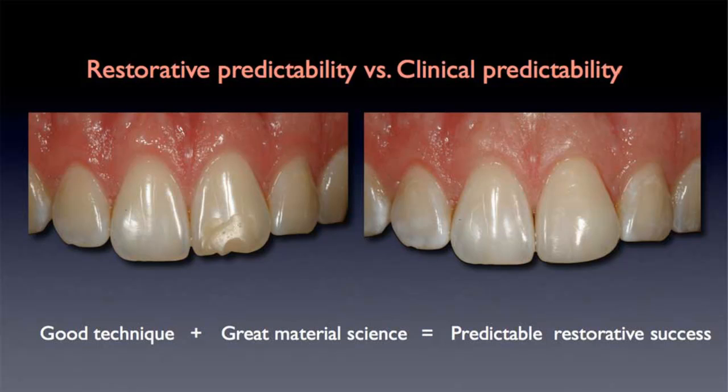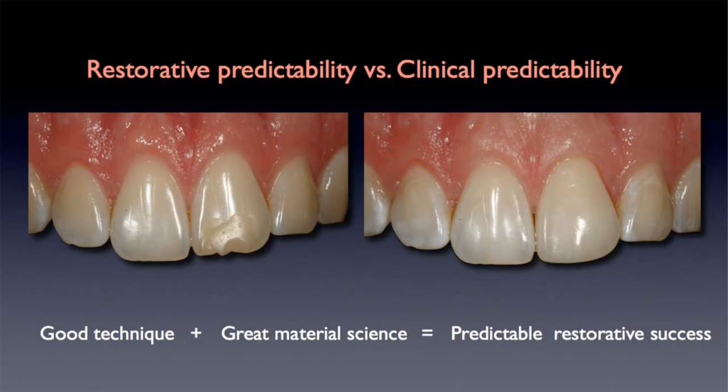At this time, as we're looking at this result, you can see how I'm able to create a very invisible restoration on this tooth. One of the things I wanted to do is ask a poll. We'll be having some polls along the way, and one of the polls has to do with invisible margins.